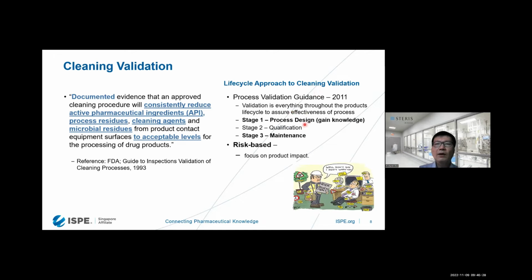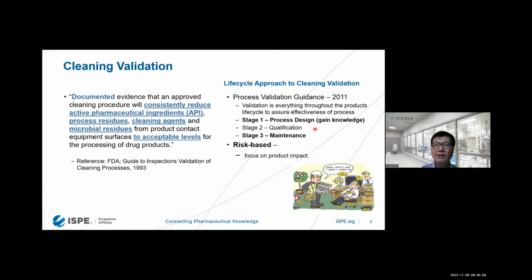So earlier I mentioned the process validation guidance. The principles mentioned in the process validation guidance are also applicable to cleaning validation. In the life cycle approach to cleaning validation, there are basically 3 main stages. In stage 1, we look at the process design. This is basically to gain the knowledge. In this stage, we look at the cleaning methods that we have.